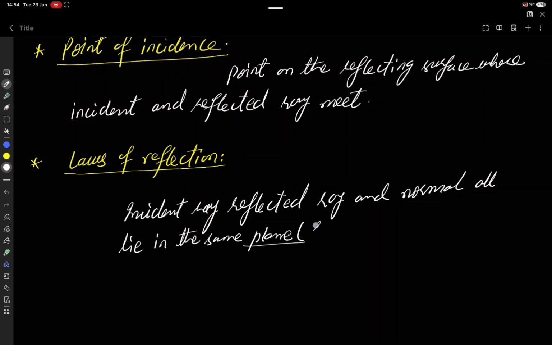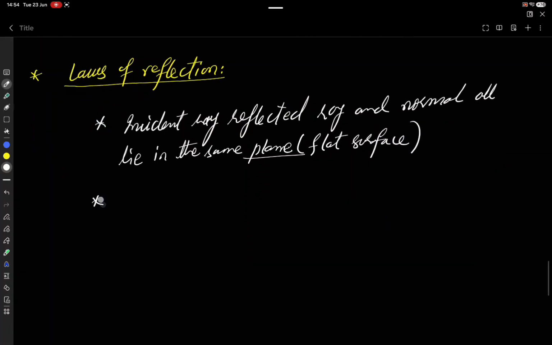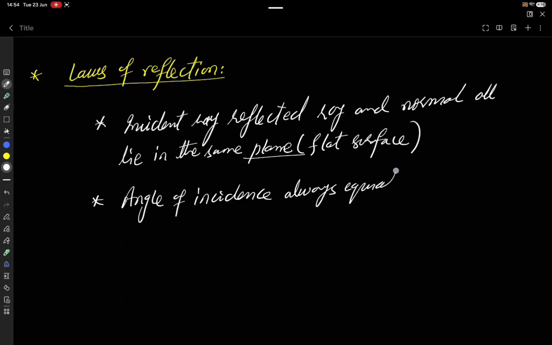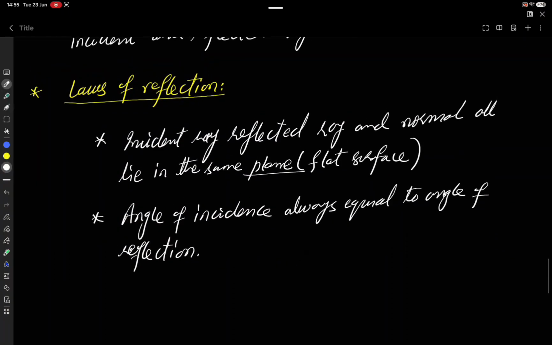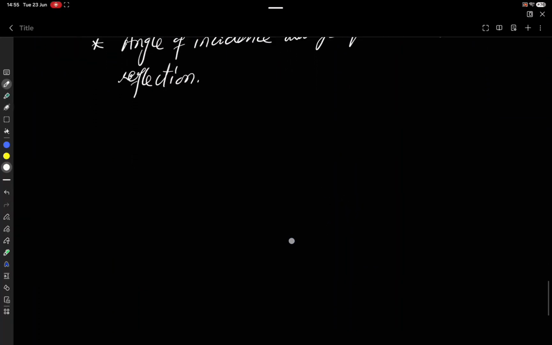Plane means flat surface. Angle of incidence is always equal to angle of reflection. So these are the 2 laws, valid everywhere in the universe. These laws remain constant everywhere in the universe.